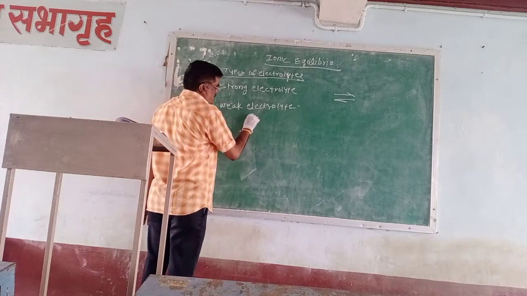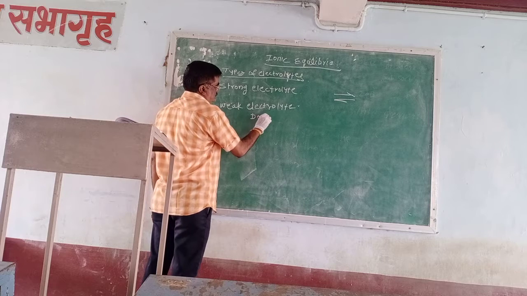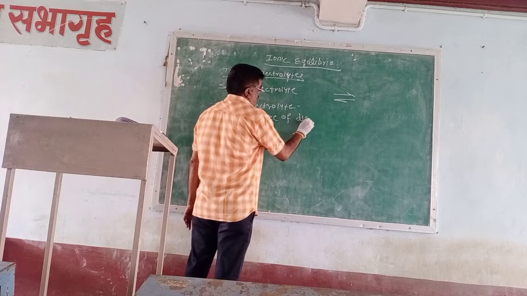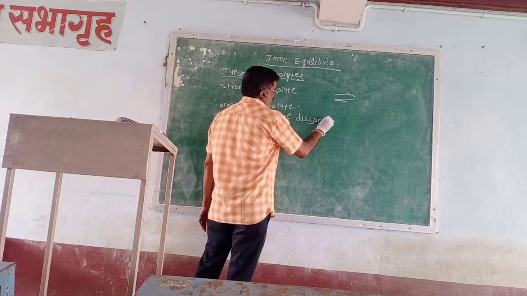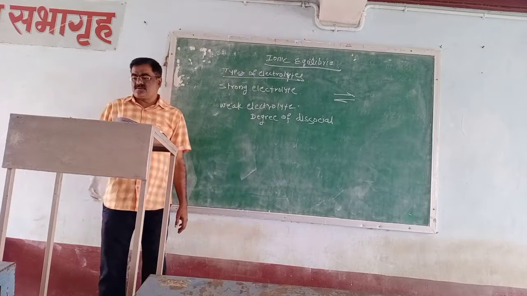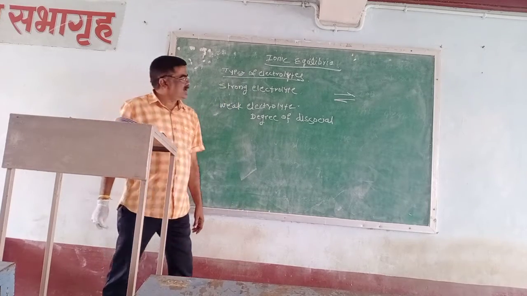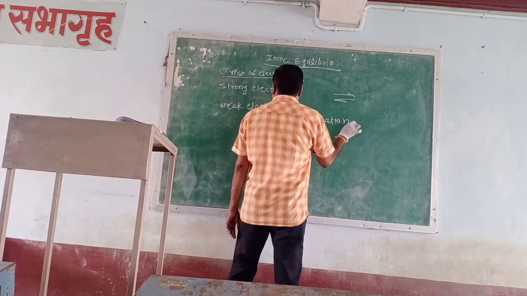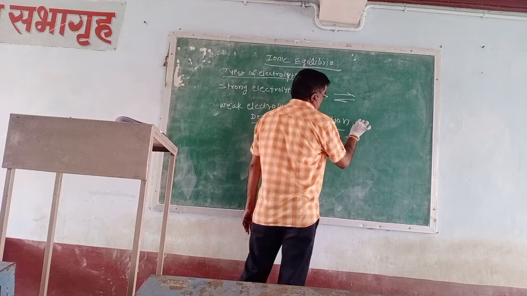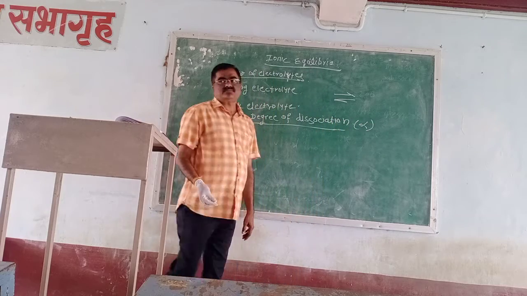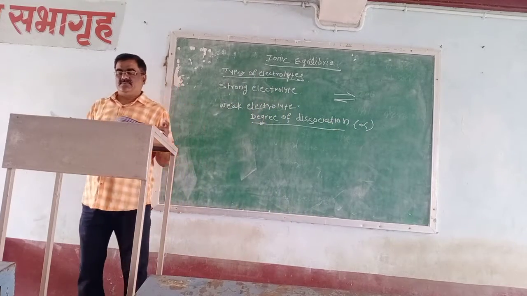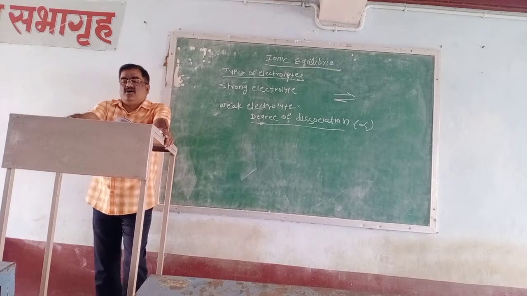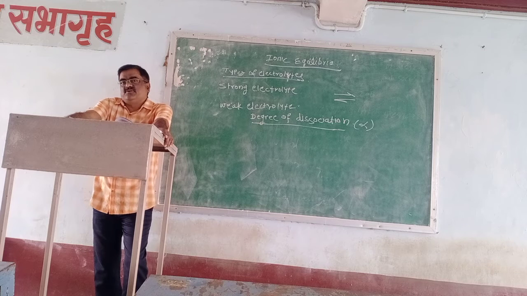Degree of dissociation, which is represented by the symbol alpha. Degree of dissociation is the ratio of number of moles dissociated to the total number of moles.